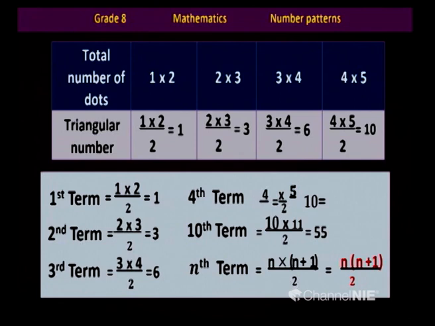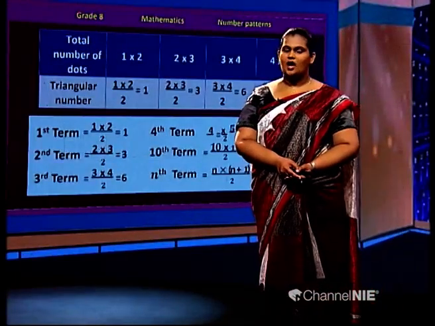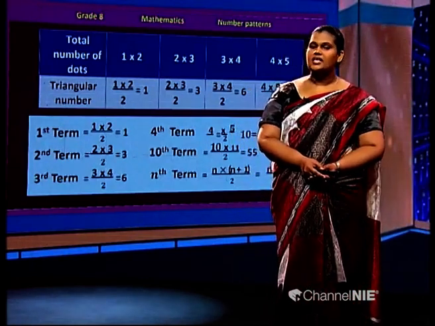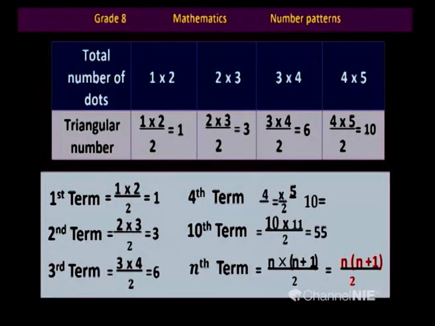The nth term can be obtained by multiplying the number of the term, that means n, with the number of the term plus 1, that means n plus 1, divided by 2. Therefore, we can construct the general term of the triangular number pattern starting from 1 and written in ascending order as n into n plus 1 divided by 2.